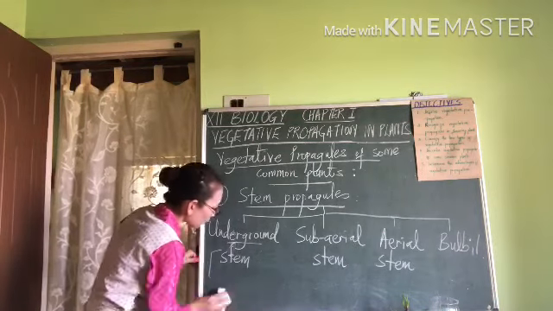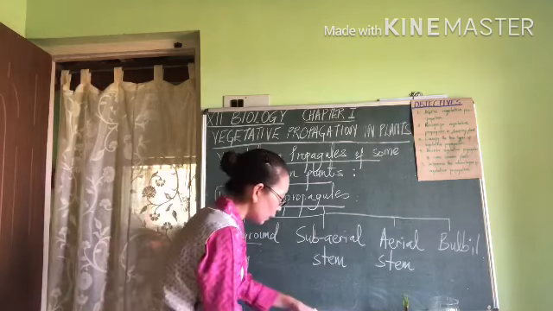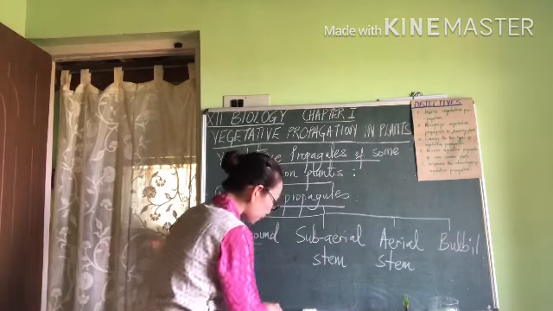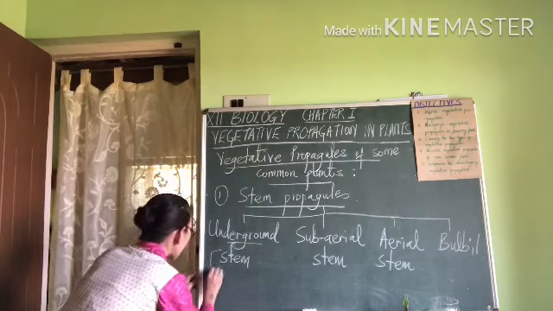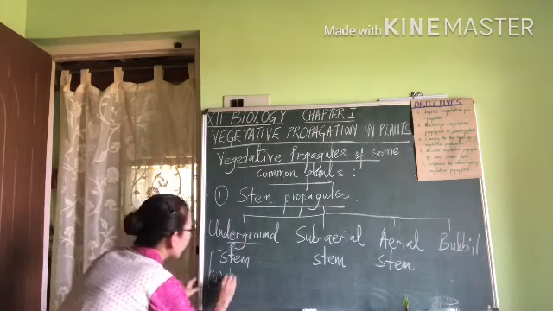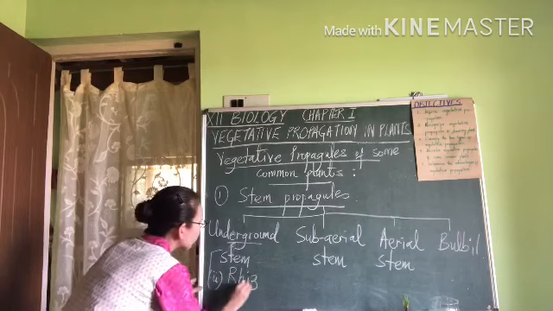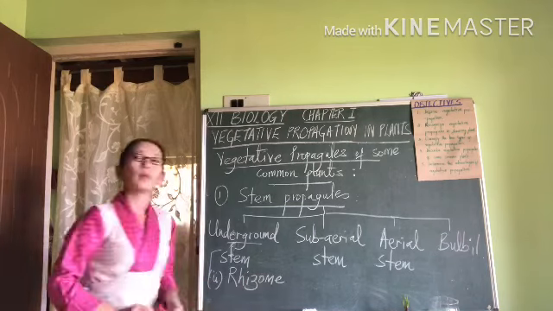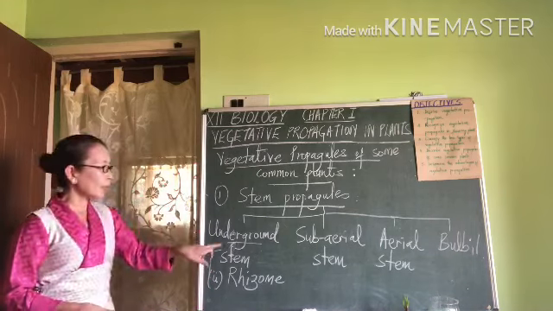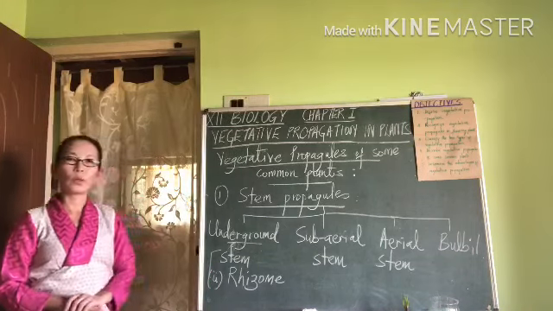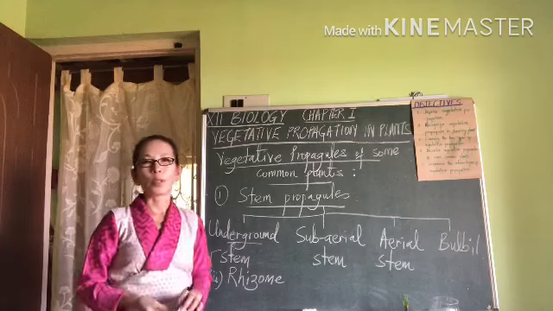Likewise, we also have other types of underground stems. For example, the next type that I'm going to take is the rhizome. So we have rhizome as another type of underground stem, which is also a vegetative propagule.